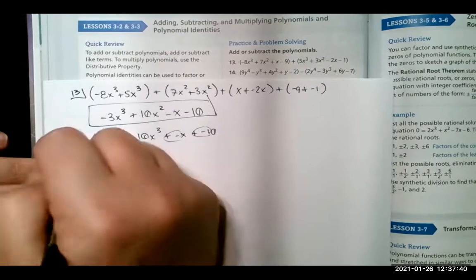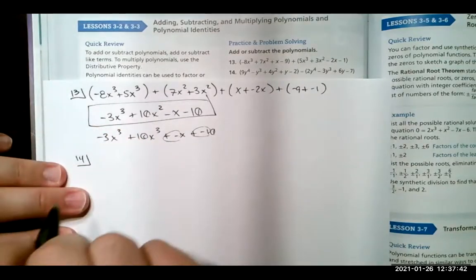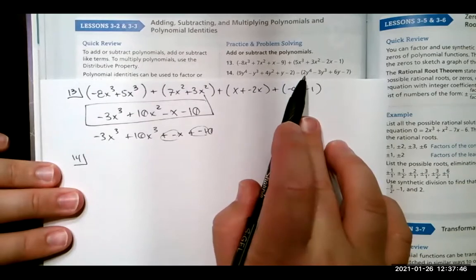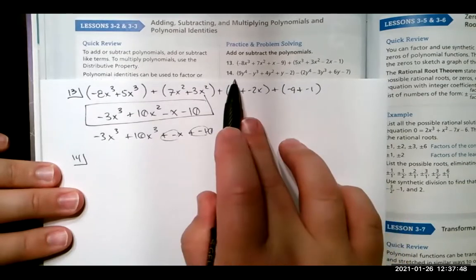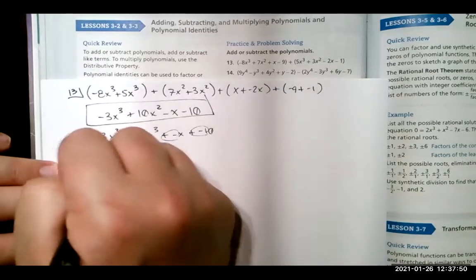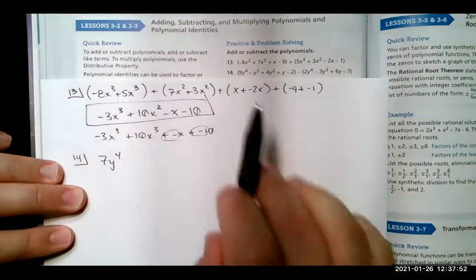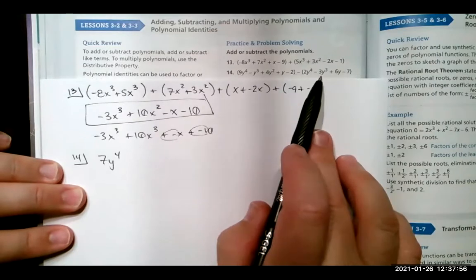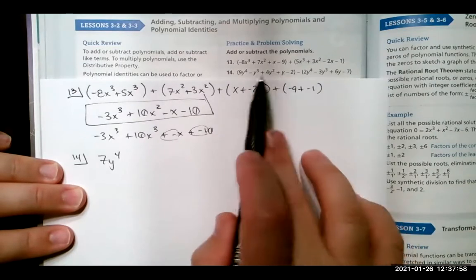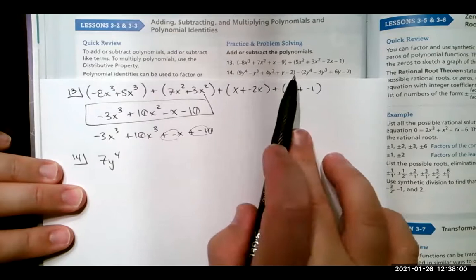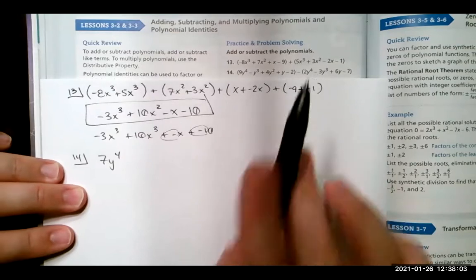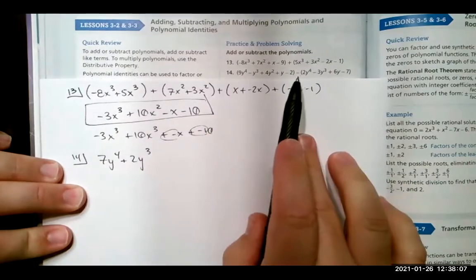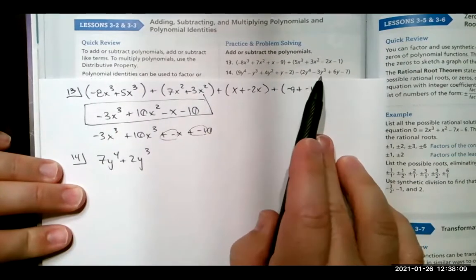Number 14, same kind of thing. 9y to the fourth minus 2y to the fourth is 7y to the fourth. Negative y cubed minus negative 3y cubed. So be careful here. That's going to be 2y cubed. Remember, when I subtract a negative, that's the same thing as adding that thing.